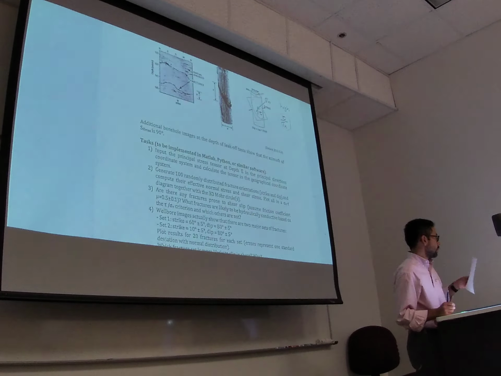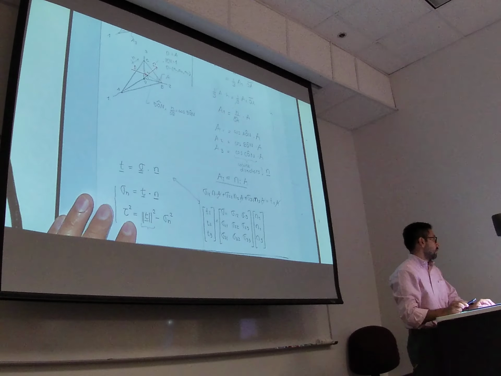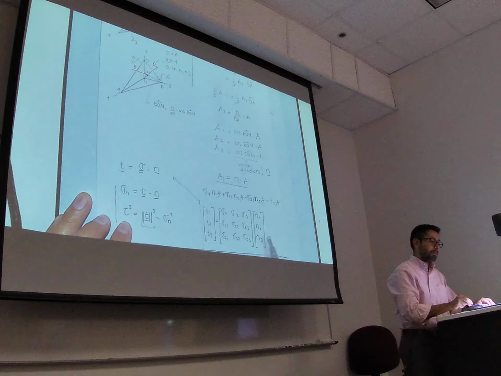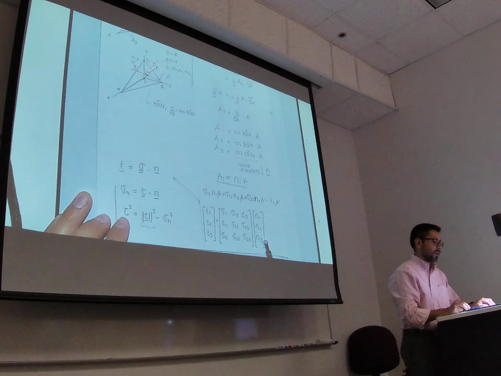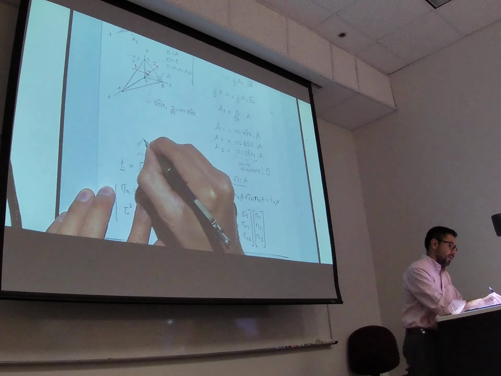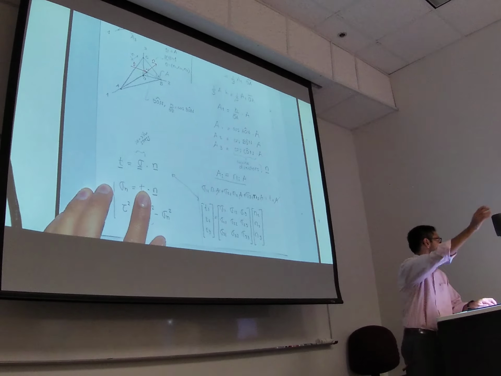So in order to get to the solution in 3 dimensions, we saw that it's going to be the result of multiplying a matrix times a vector, in which the vector n tells you the orientation of the plane. So this stress is going to come from the in situ stress.